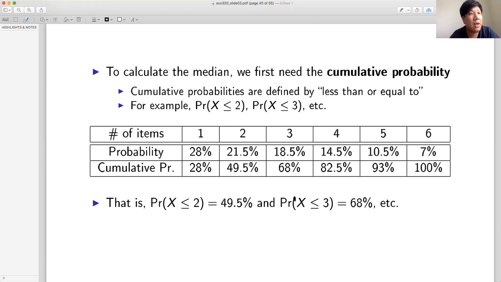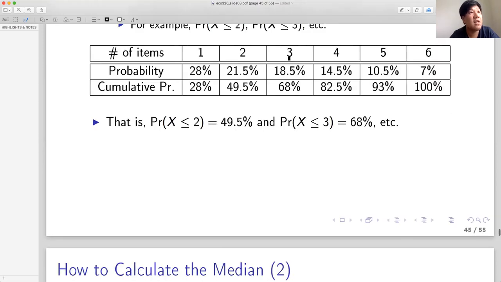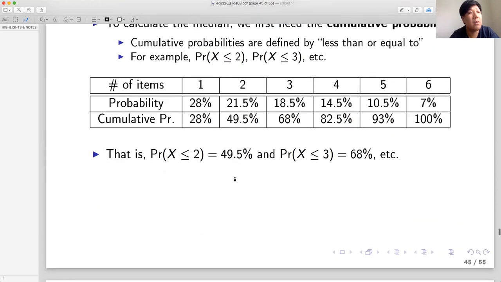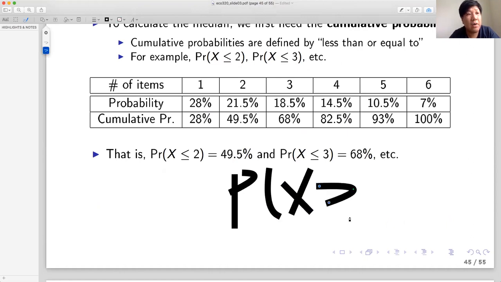How about number 3? The probability that x is less than or equal to 3 is 68%. The other condition is the probability that x is greater than or equal to 3, which should be higher than 50%. How do you get this?